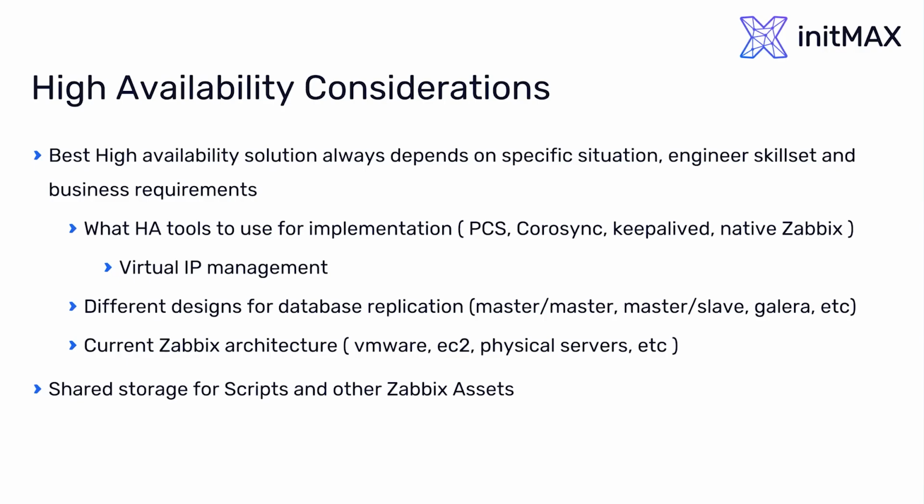A two-node cluster is not really a cluster. We need to have at least three nodes just to make sure that we have a quorum, which will ensure that we will not have a split brain situation.